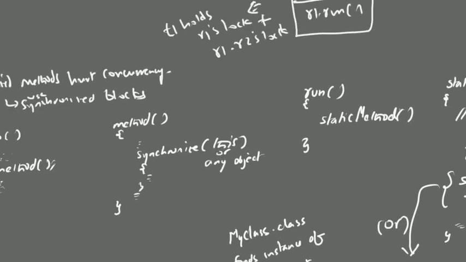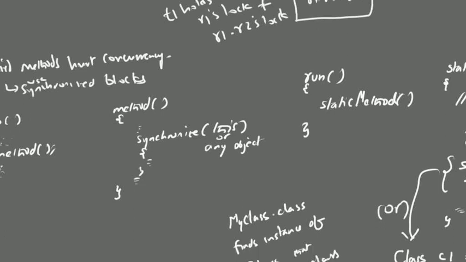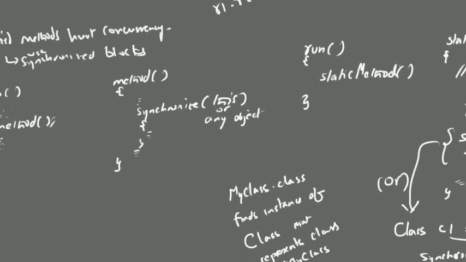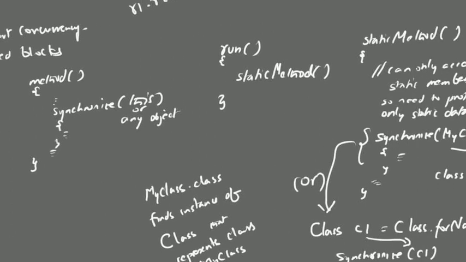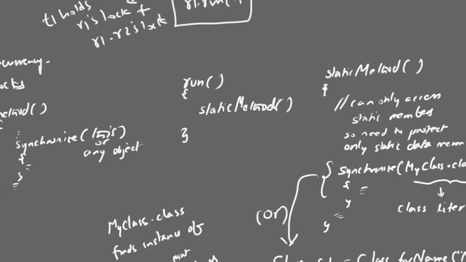Now, in case of static methods, say your run is invoking a static method, you can only access static members within the static method.